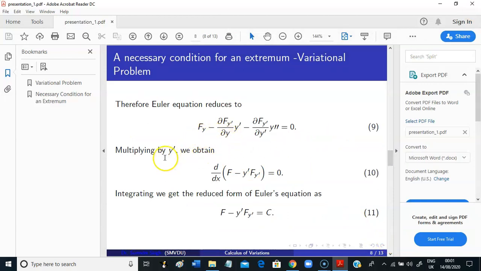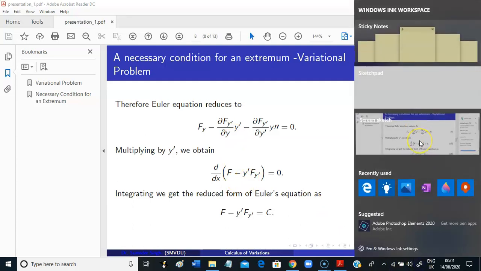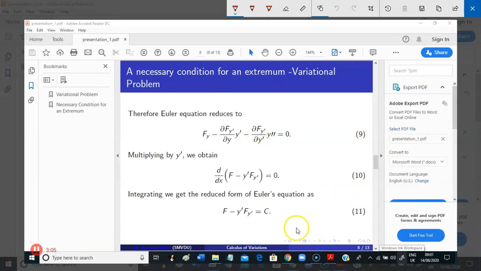For further simplification, we multiply this equation by y', and then it can be put in this form: d/dx of this equal to 0.